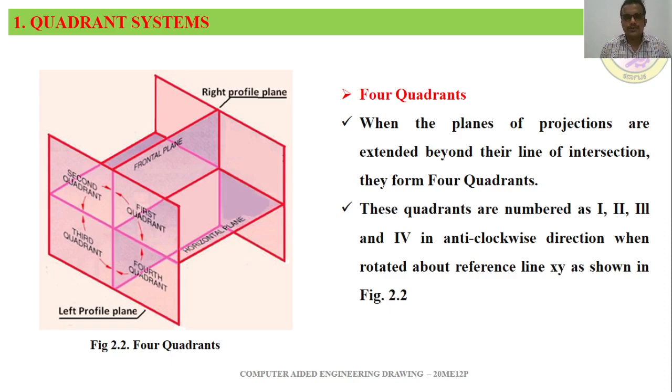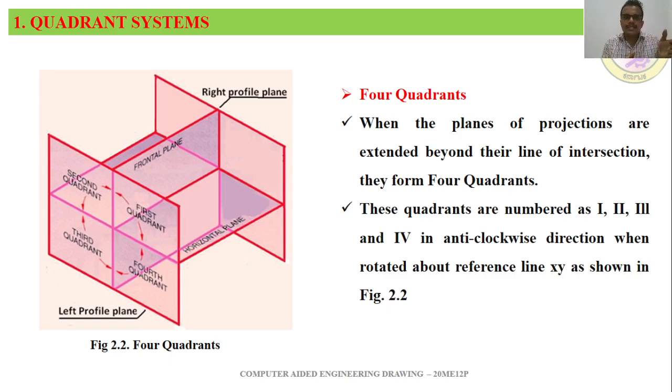Before directly jumping into the four quadrant systems, I just want to recall the learnings in session 1. In session 1, we understood the projection plane, and the observer will be on either side of the object, or the object will be placed between the observer and the projection plane.